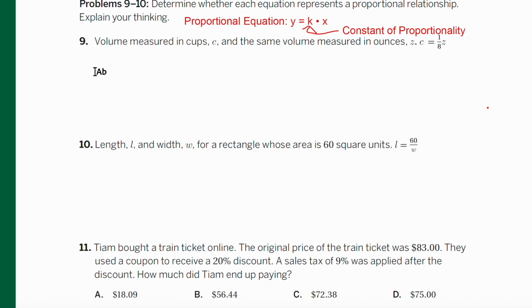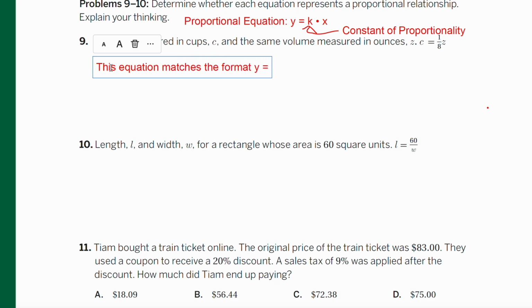Volume measured in cups C and the same volume measured in ounces Z. And the equation that they give us is C equals 1/8 Z. Now this one looks exactly like our proportional equation. And it matches the same format. So this equation matches the format y equals k times x. So it must be proportional.